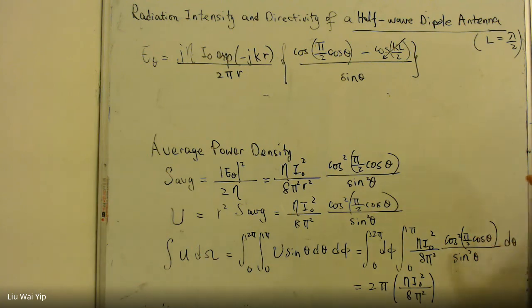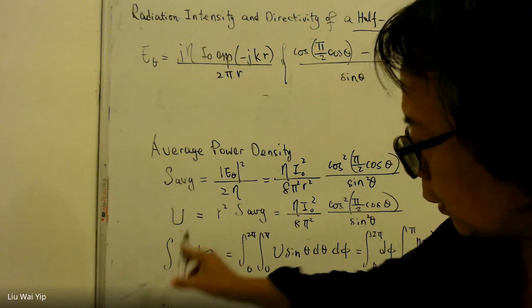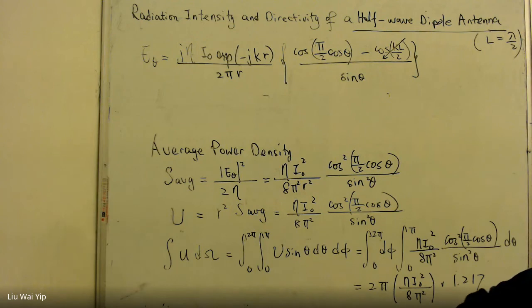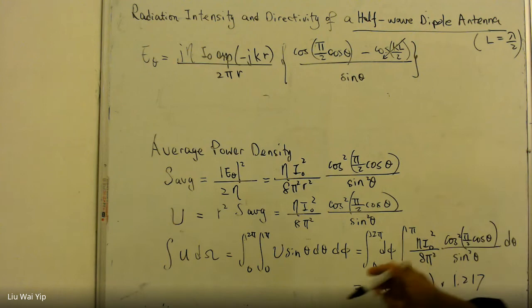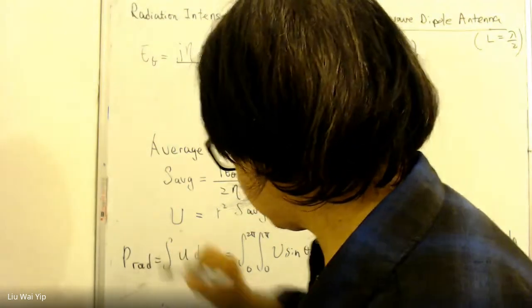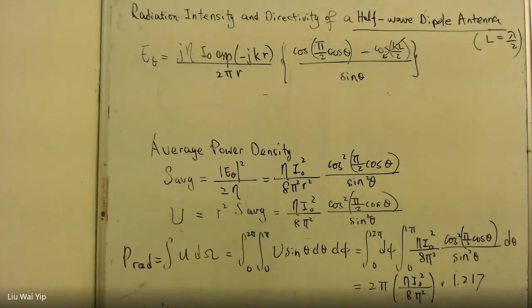The value of this integral is 1.217. So this is very good news. So what is this term? Integrate U over the total solid angle, and this is the so-called total radiated power. And this is what you are going to get.